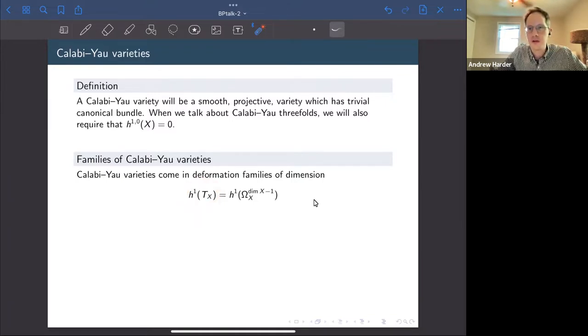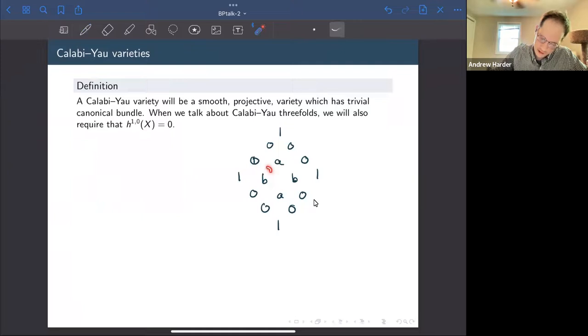Since it's a Calabi-Yau variety, this is equal to H^1 of the (dim X minus 1)st wedge power of the holomorphic cotangent bundle. So in fact, this is a Hodge number, h^{dim X - 1, 1}(X). In the Hodge diamond that we saw before, I can go back, it's just this Hodge number.